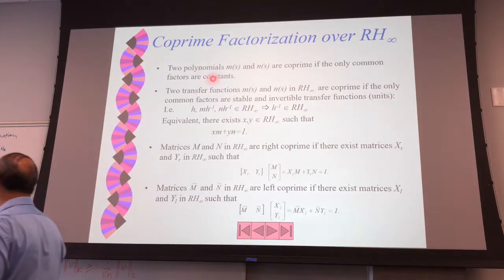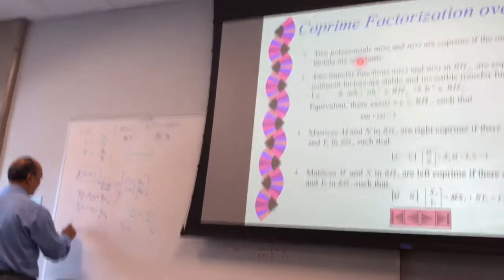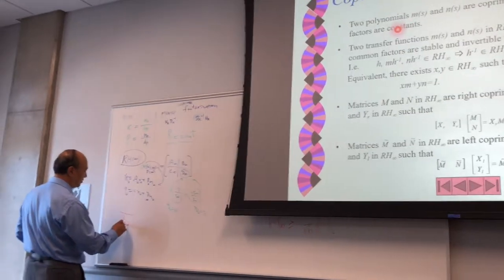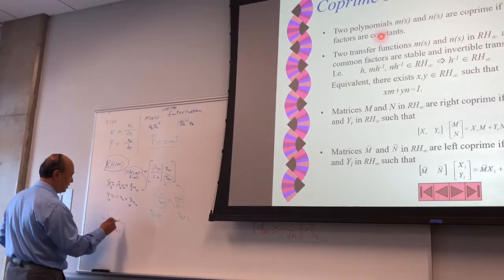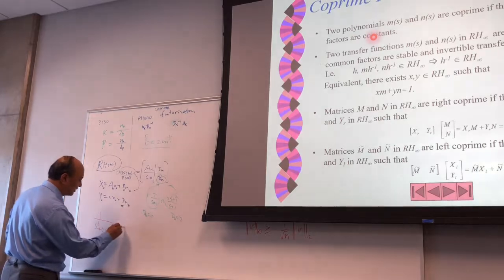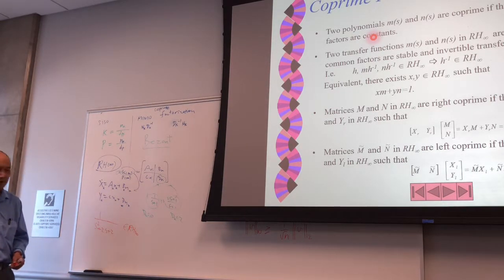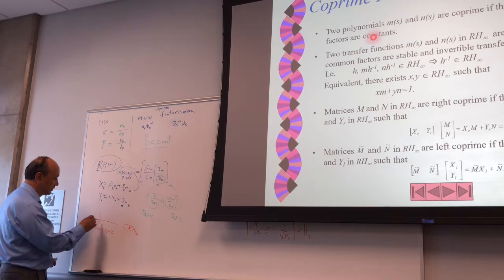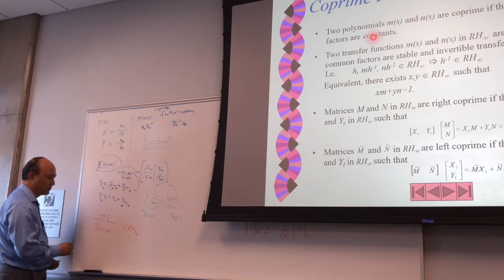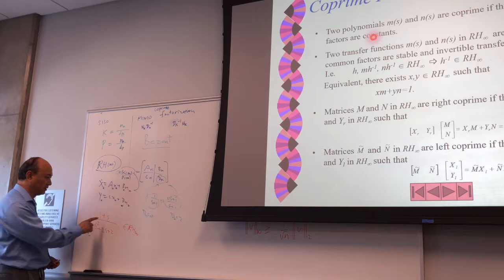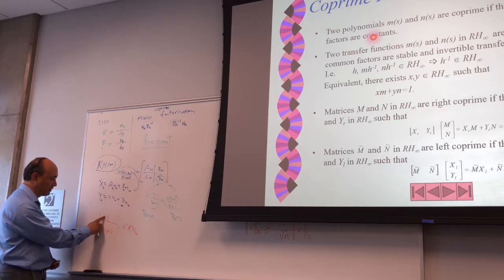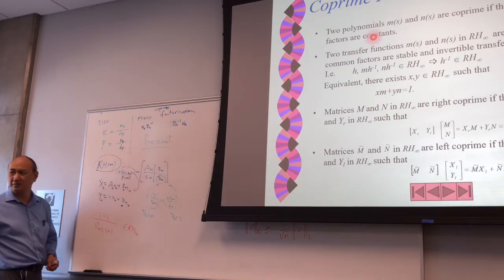Let's say, for example, s squared plus 2s plus 2. Is this in RH infinity? No problem. Is minus s also? No problem.